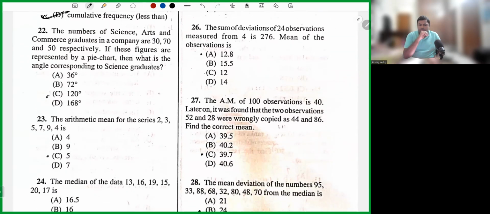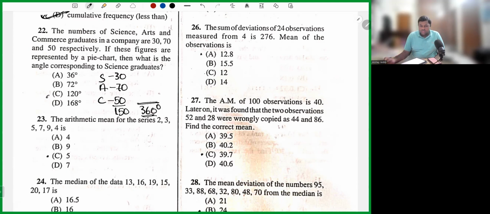Next, question number 22. The numbers of science, arts, and commerce graduates are 30, 70, 50. So total they are 150. If these figures are represented in a pie chart, what is the angle corresponding to science graduates?